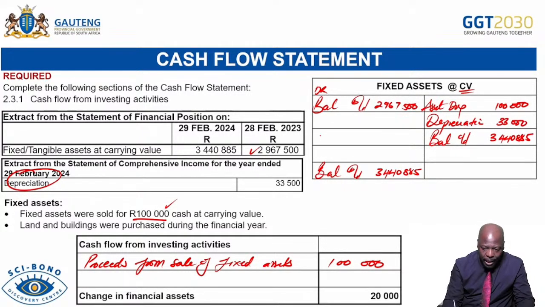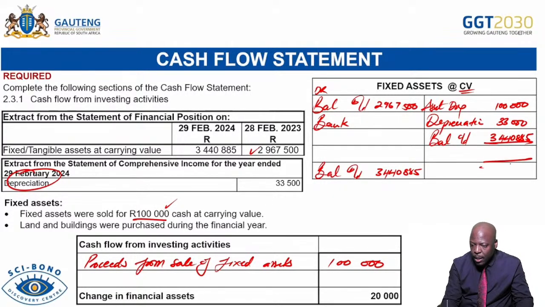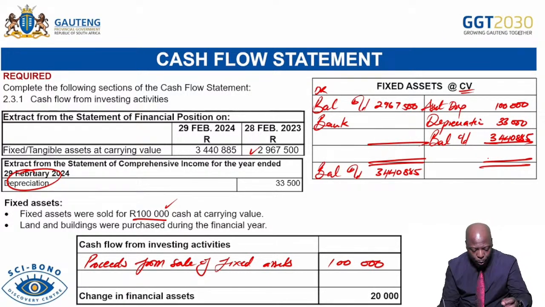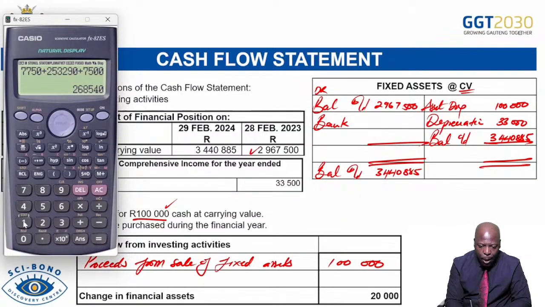So what we are then going to get here is the bank. I'm going to close this one. So we're going to look for the total this side. Have your calculator ready. So we're going to say now 100,000 plus 33,000 plus 3,440,885.